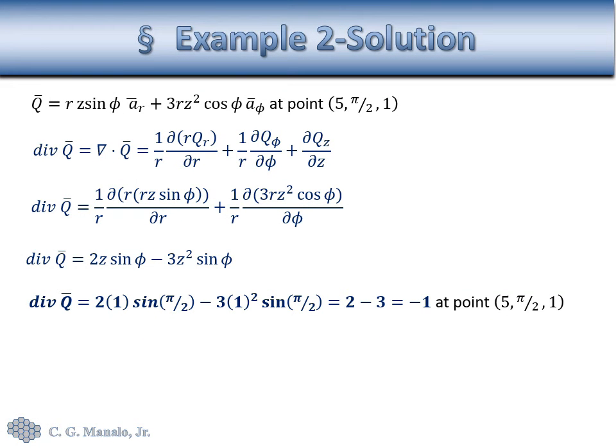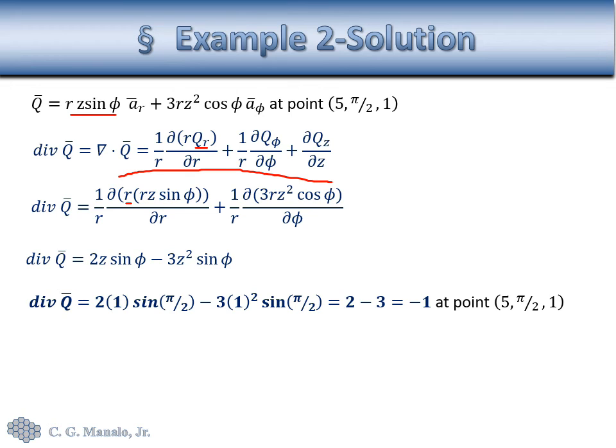For letter B, the vector field is expressed in cylindrical coordinates, so we use this formula here. For the first term, we first substitute and combine it with the r here.